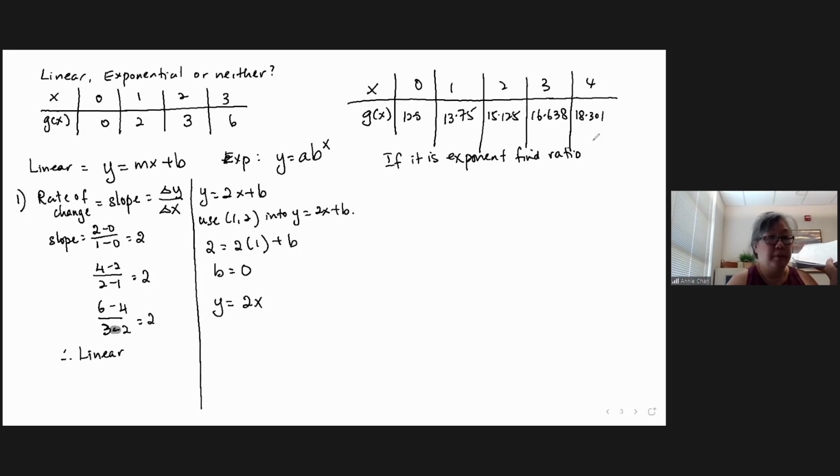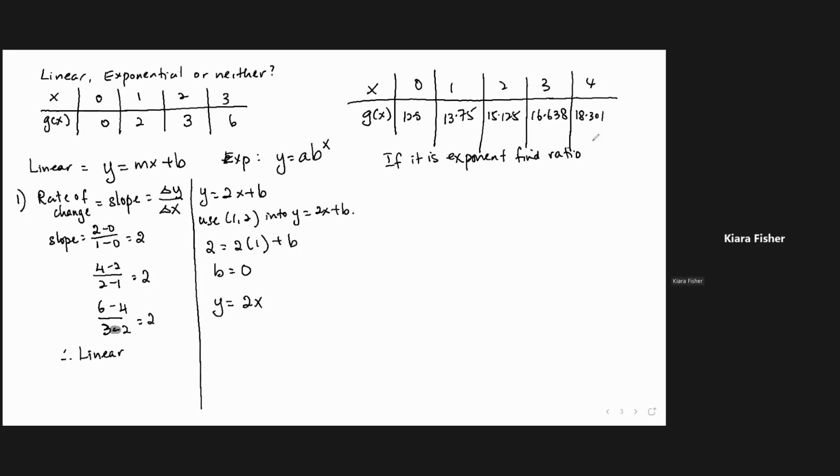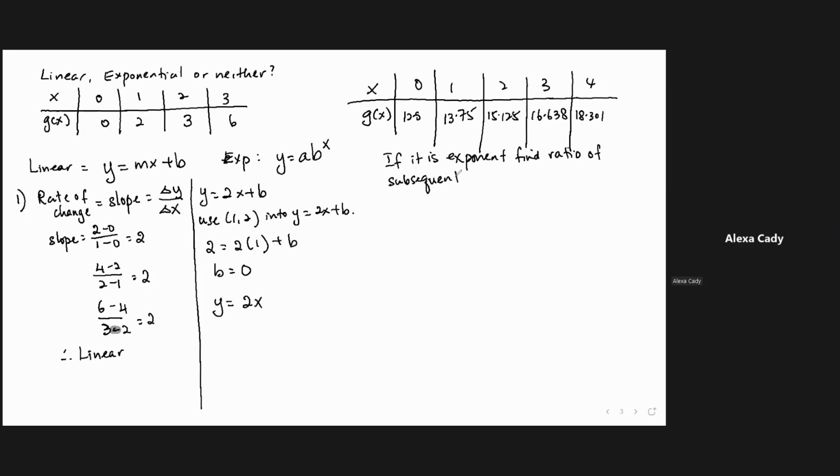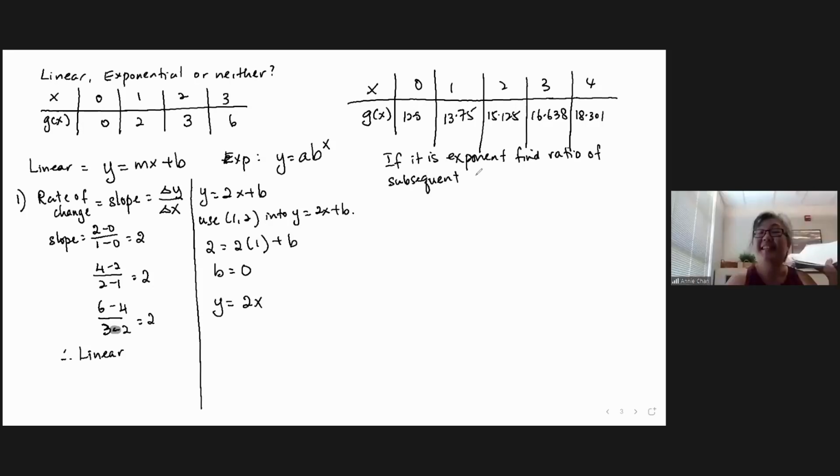Is it the ratio of the g of x? Yes, exactly.